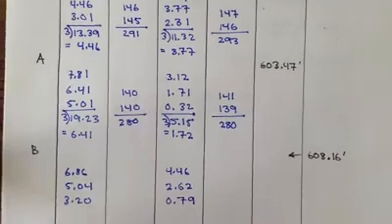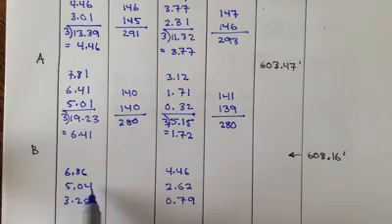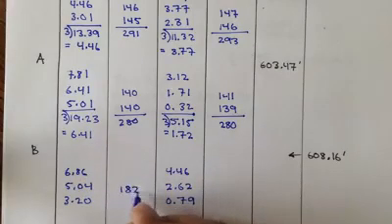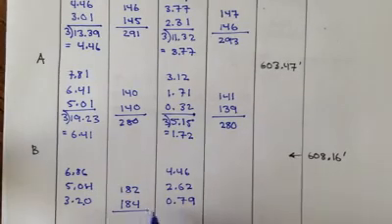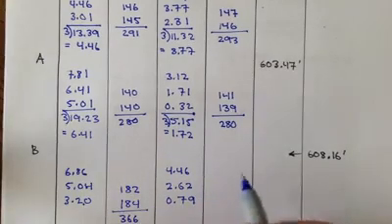Let's go to the backsight first. Let's check our stadia. 6.86 minus 5.04 times 100, you get 182. Middle minus bottom times 100, you get 184. Roughly the same, it's okay. You add this together, you get 366. Same thing for the foresight.